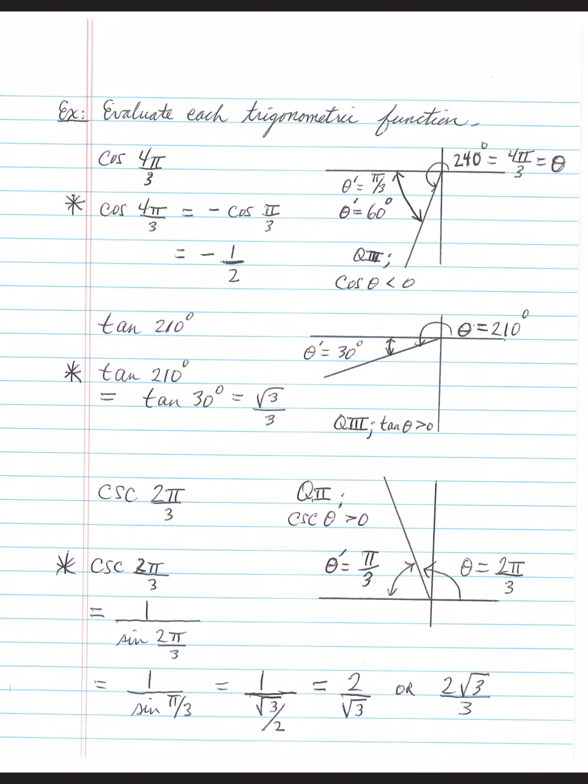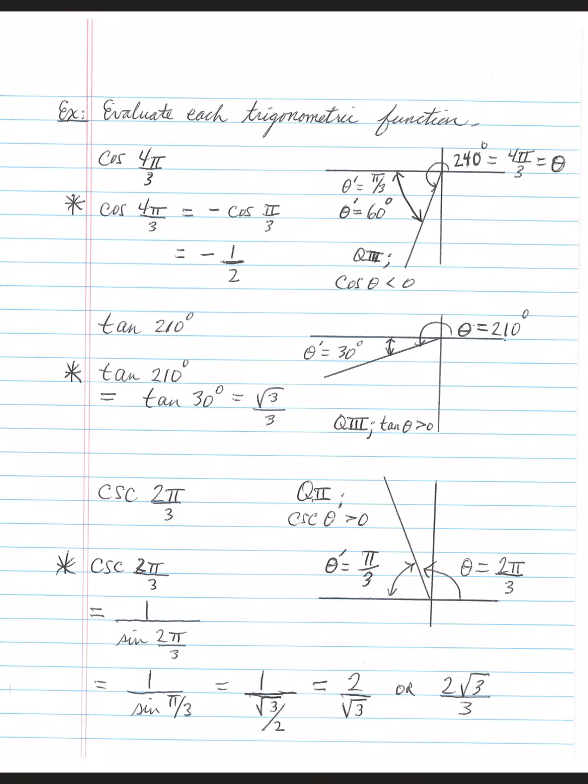Well, tangent is y over x, and if you divide two negatives, you get a positive value. The reference from 210 back to 180 is a little short 30-degree angle. So tangent of 210 degrees is equivalent to positive tangent of 30 degrees, and from the table, square root of 3 over 3.